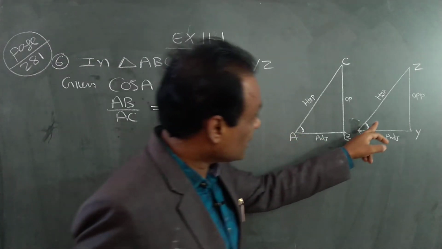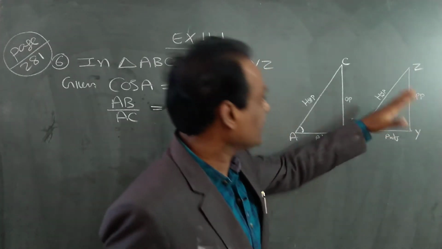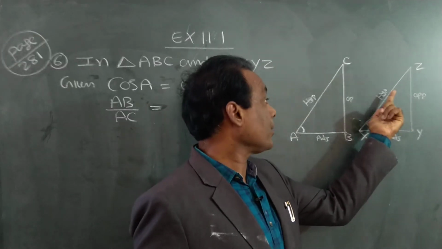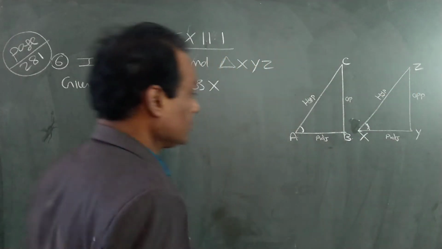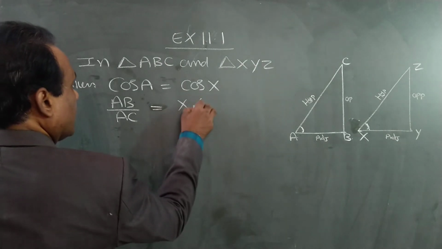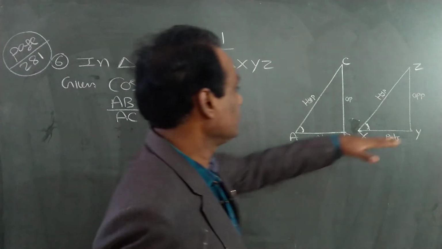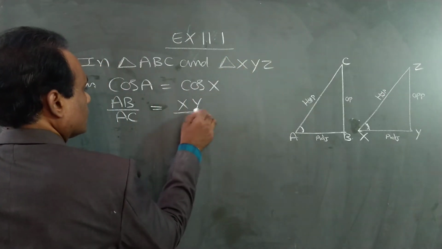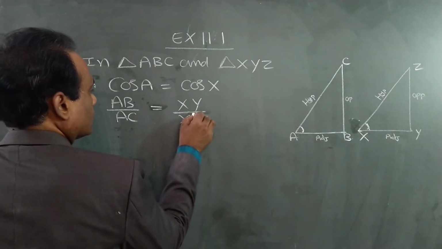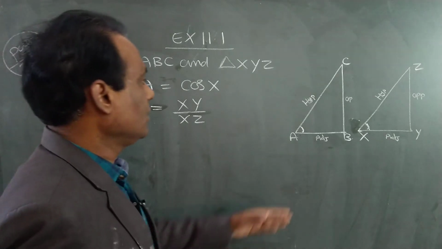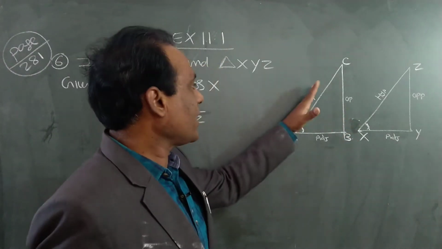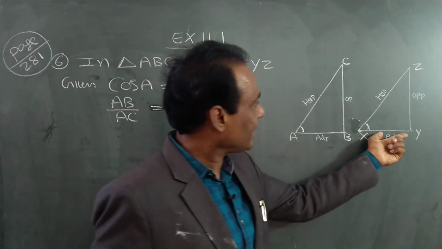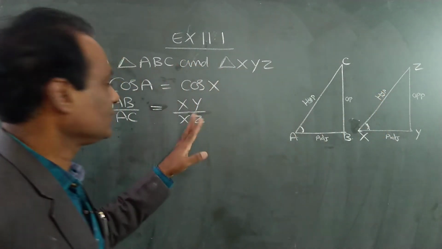Cos X, same cos definition, adjacent by hypotenuse. Here what is the adjacent side? XY. Hypotenuse is XZ. XY by XZ. Cos is adjacent by hypotenuse. AB by AC. XY by XZ.